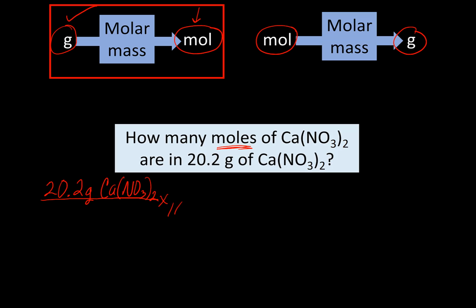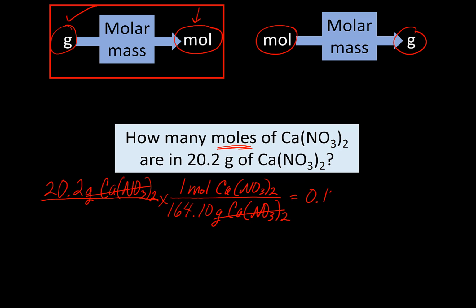So we determined the molar mass of this compound on the previous slide, and it's 164.10 grams of calcium nitrate per 1 mole of calcium nitrate. So grams of calcium nitrate cancel, you're left with moles of calcium nitrate, and the answer to this problem is 0.123 moles of calcium nitrate.